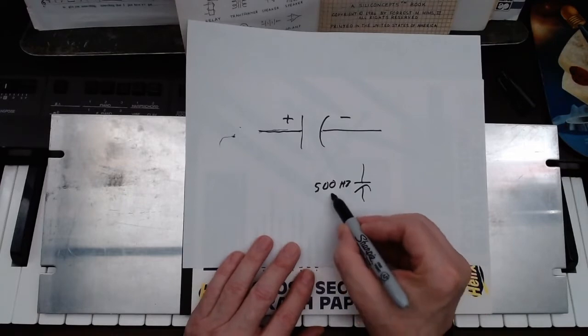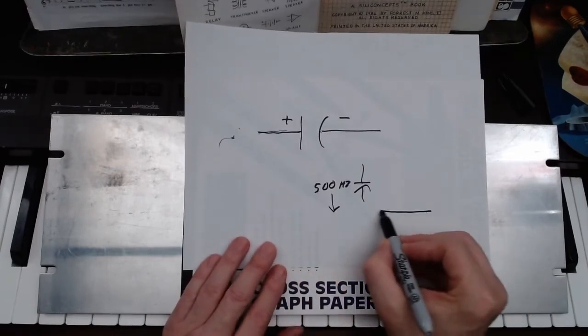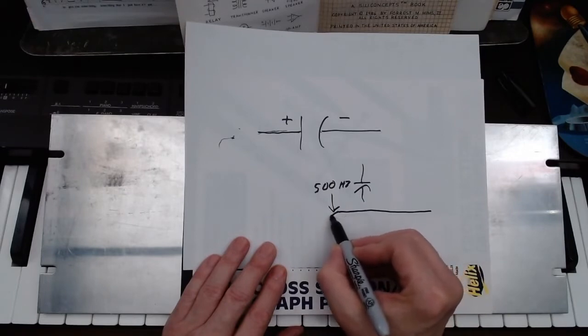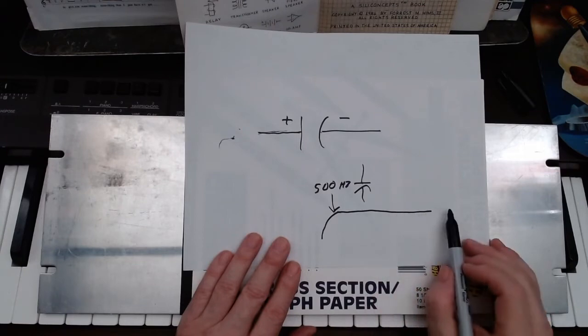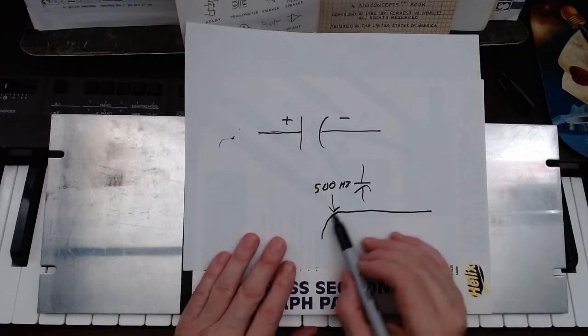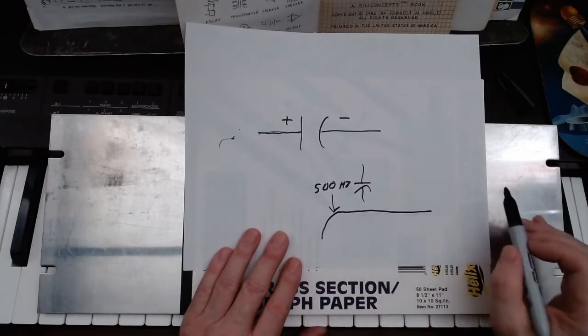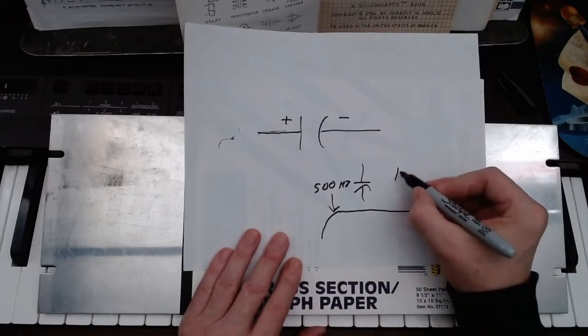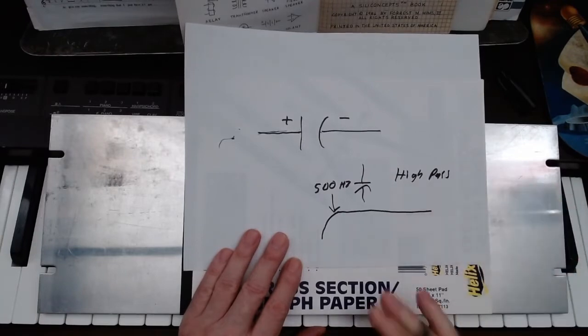Well, at that 500 hertz point, it's not going to just stop, it's going to kind of taper off. So everything above 500 hertz and a little bit below 500 hertz is going to be let through. So we call this a high pass filter.